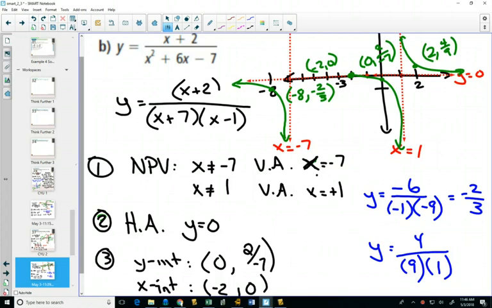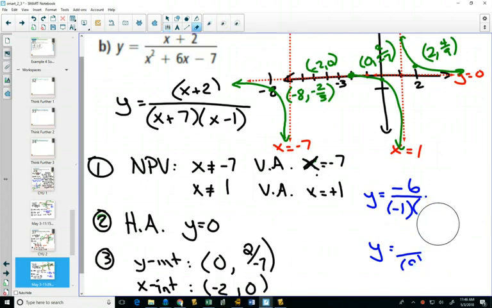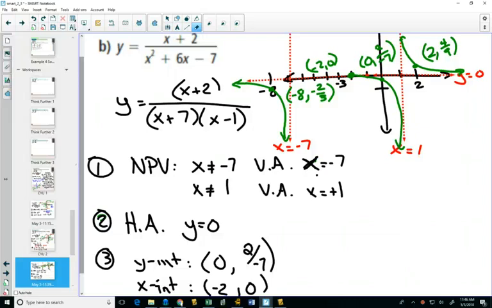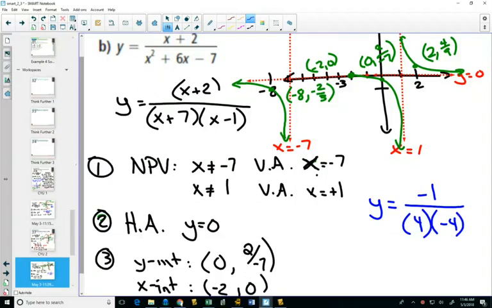What happens when I plug in -3? If I plug in -3 in my numerator, I'll get -1. In my denominator, I'll get 4 there and -4 there. Can you see that that's going to be 1/16? So I'm going to get the point -3, 1/16. Okay?